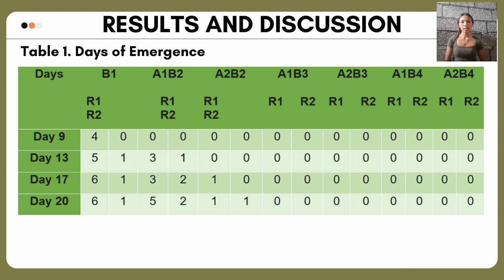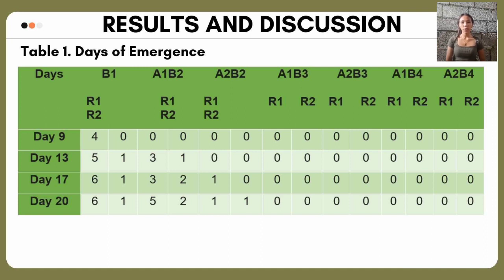By day 13, an additional emergence of 1 plant in replication 1 resulted in a total of 5 out of 10, while replication 2 remained at 1 out of 10. This suggested a slight improvement in seed emergence with the progression of time. Conversely, examining A1B2 on day 13 revealed replication 1 with 3 out of 10 emergence and replication 2 with 1 out of 10, indicating a positive impact of refrigeration.